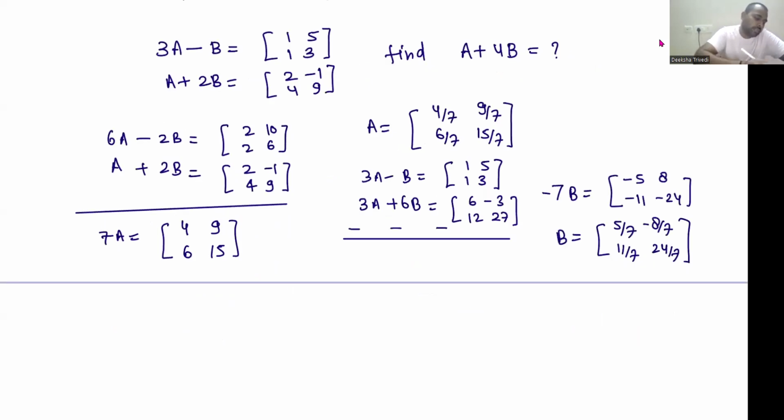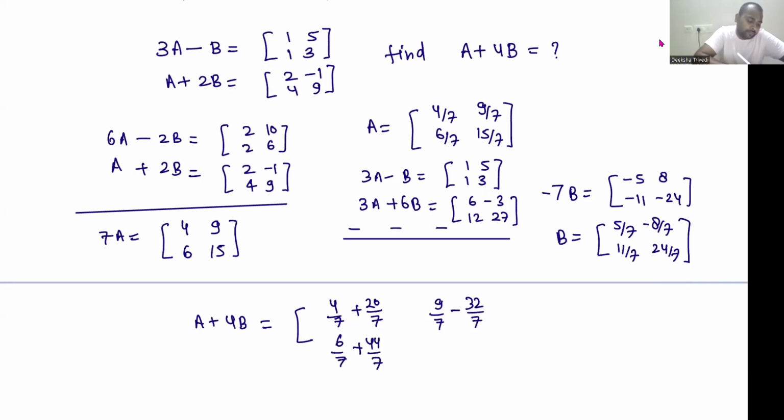Yes, sir, same answer. Now you need to find A plus 4B. What is A plus 4B? The 4 is multiplied with all elements of B. So A plus 4B is 4 by 7 plus 20 by 7, 9 by 7 minus 32 by 7, 6 by 7 plus 44 by 7, and 15 by 7 plus 96 by 7.